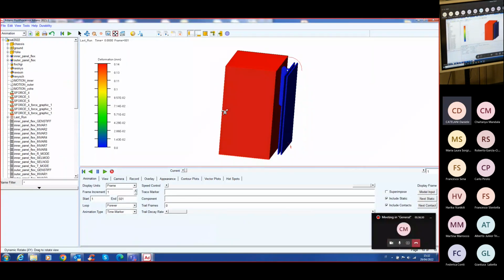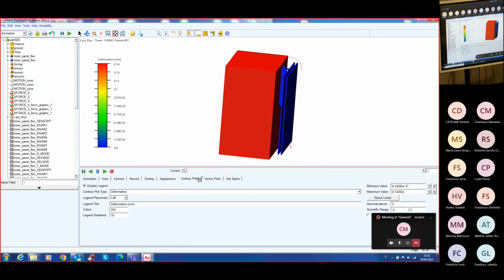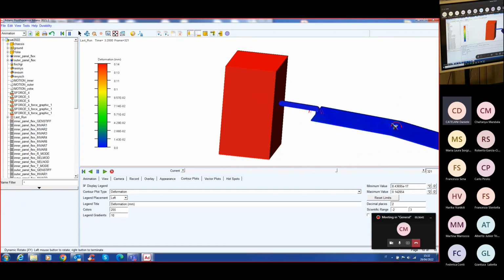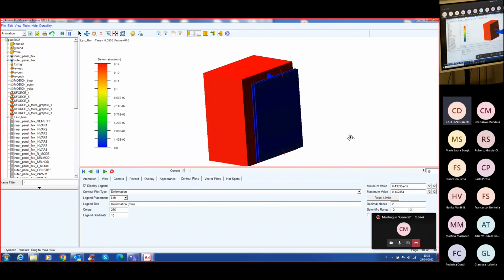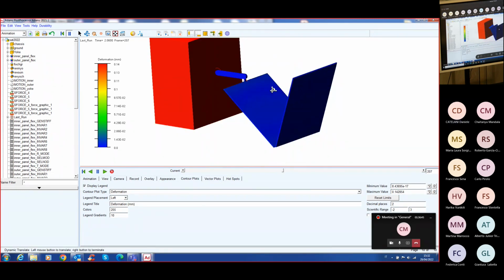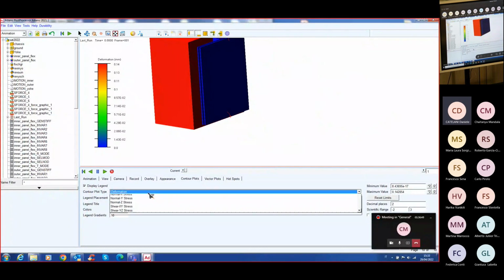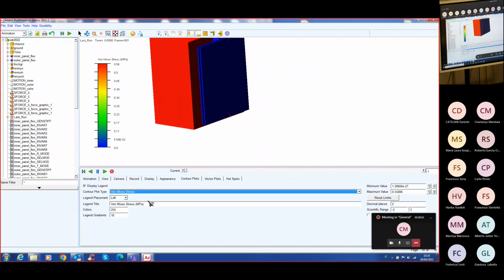Okay. Now, if I go to contour plots here, instead of deformation, which is the current visualization I can see in the movie, I can ask for stress.